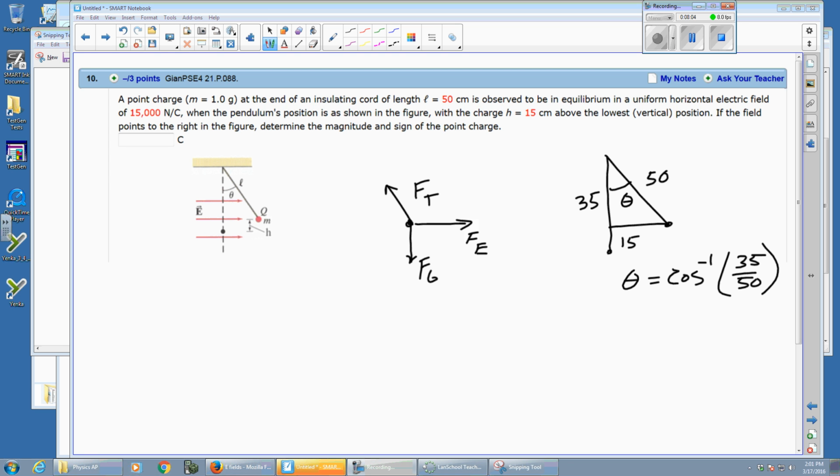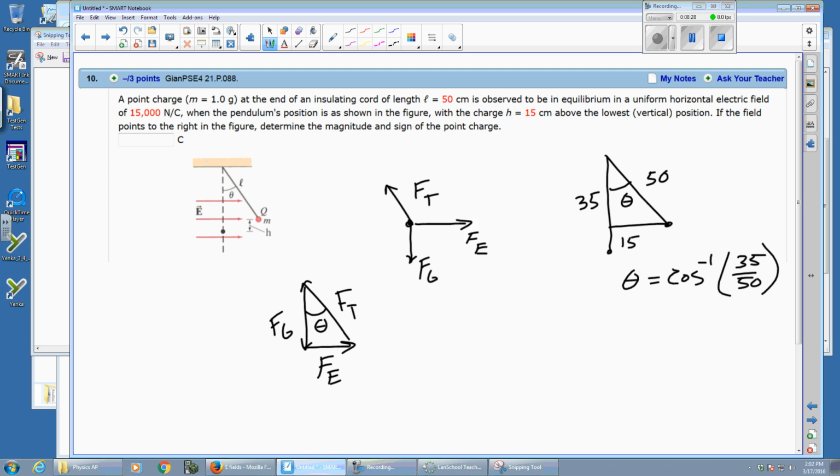So now, since this is in equilibrium, I can also do this as a vector diagram, forming another nice right triangle where this is force E, and this is F sub G, and this is also theta. Since the tension has to be in the cord, and I know the gravitational force is directly downwards, I can say that tan of theta equals Fe over Fg.